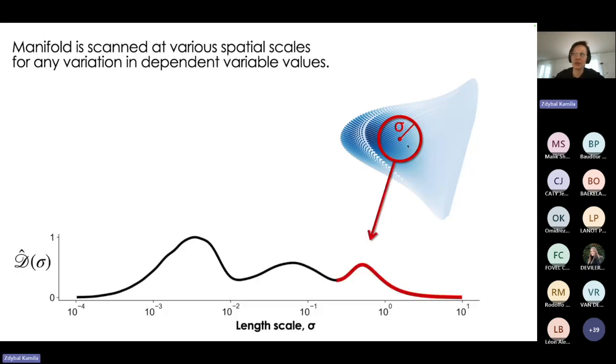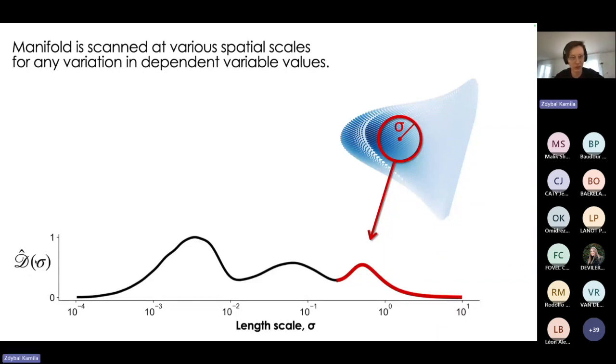But if I scan it at those big length scales, so with a filter that looks like this, it's a reasonably big filter. If I see variation in that blue variable under that filter, then I will get this first peak in this d hat profile.